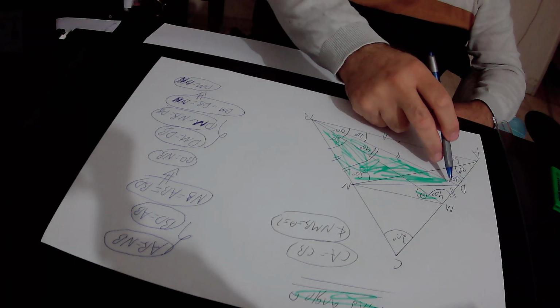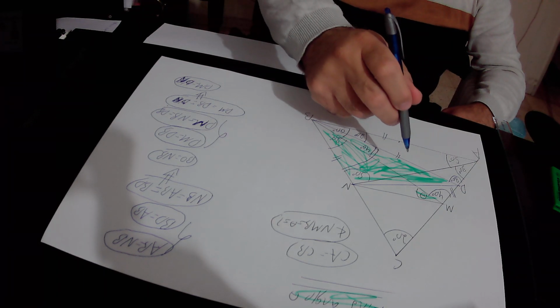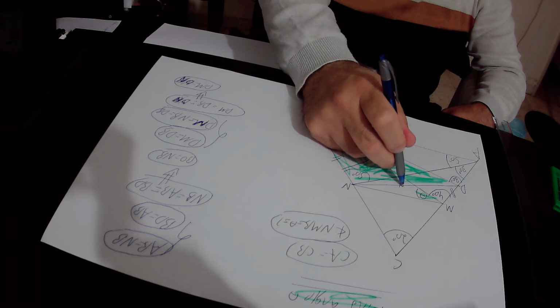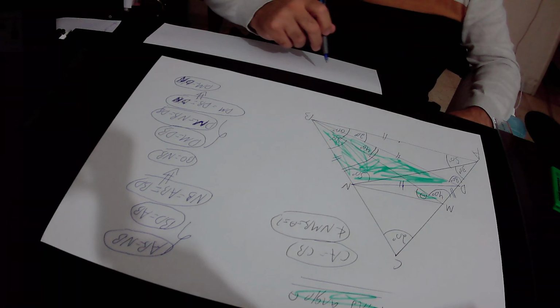Here, side DM equals side DN. Those two sides are equal to each other.